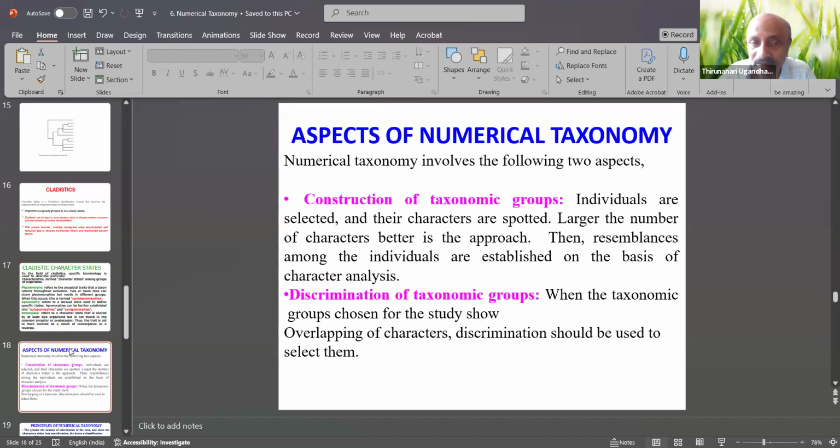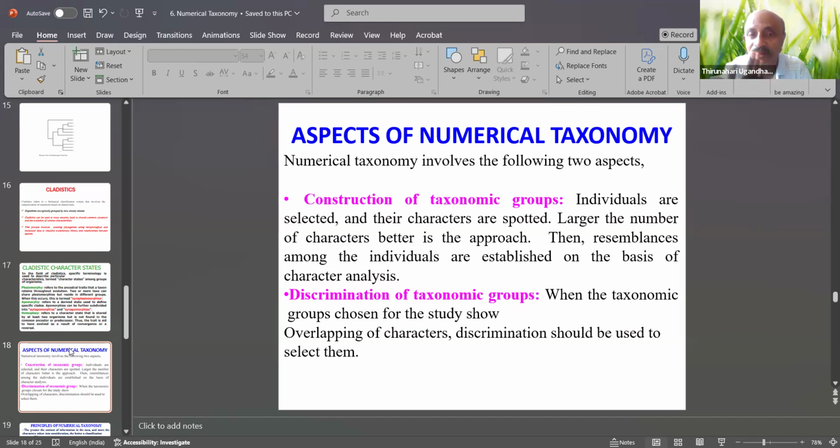The resemblance among the individuals is established on the basis of character analysis. For selected plants, examples are branching, placentation and phyllotaxy, whose characters are spotted.